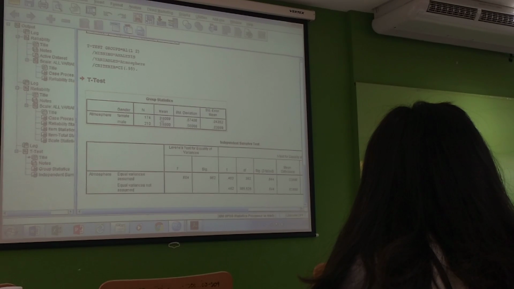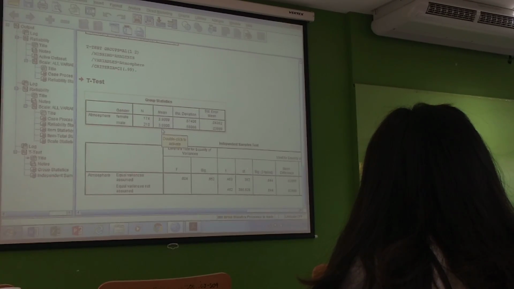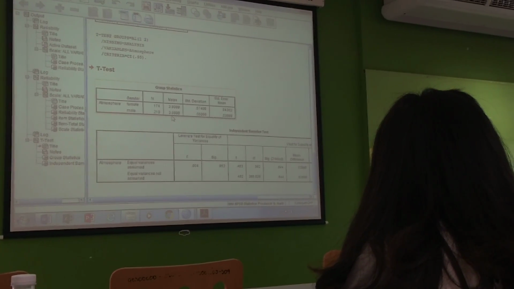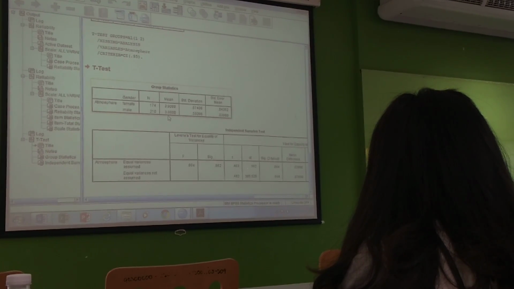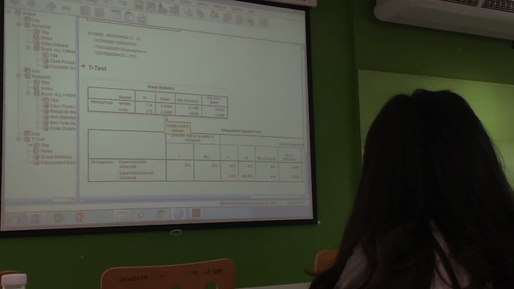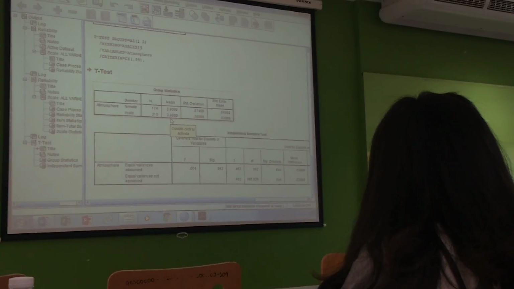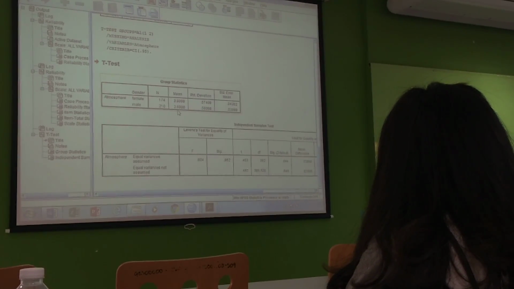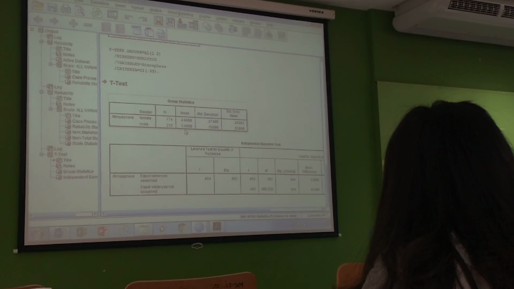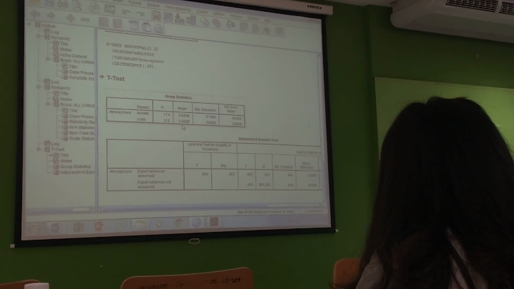If you look here, 3.9 and 3.8 is about the same, right? So we are accepting no hypothesis. We are accepting S0, right? What do we mean by S0? S0 means the perception of male and female are not significantly different, right? Got it?